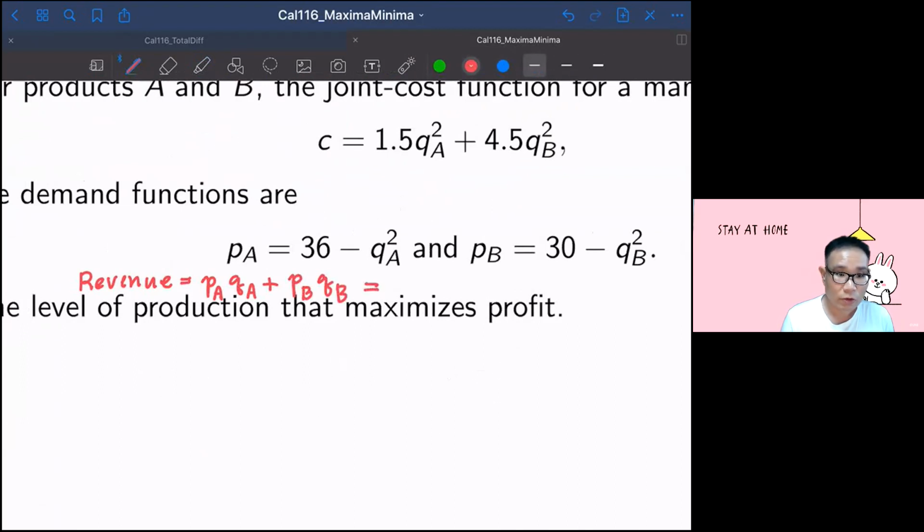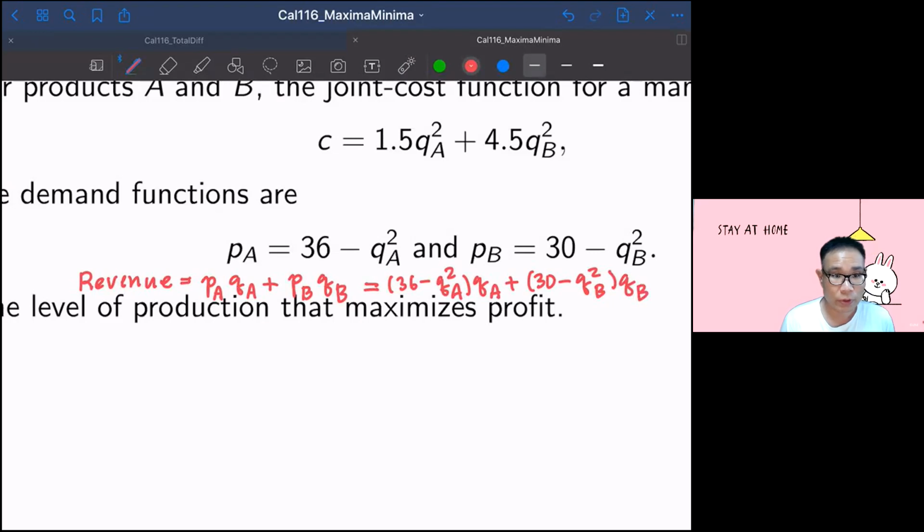And then this one will be just 36 minus QA square, multiply with QA, plus 30 minus QB square multiply with QB.